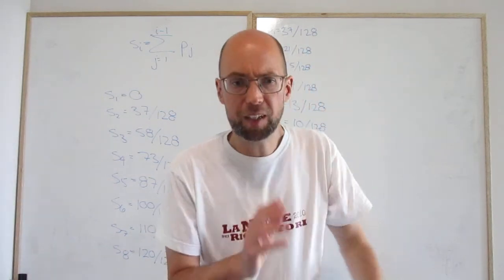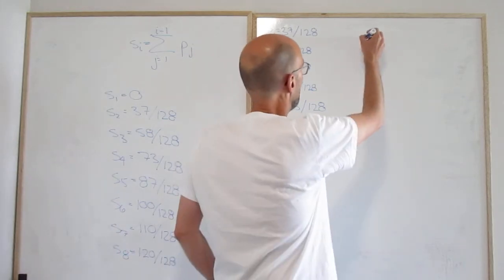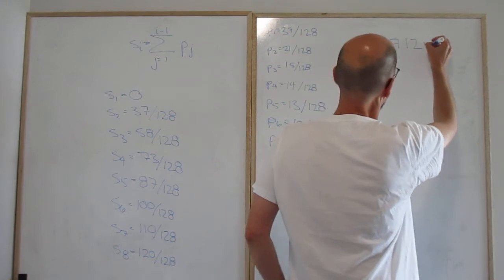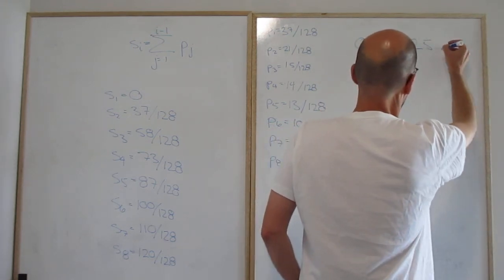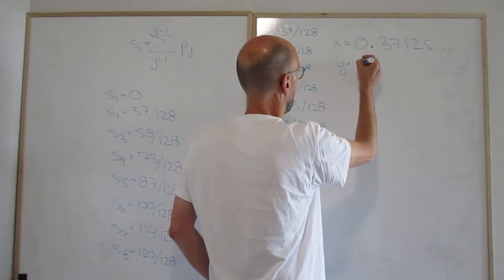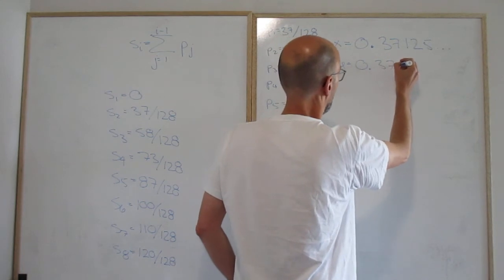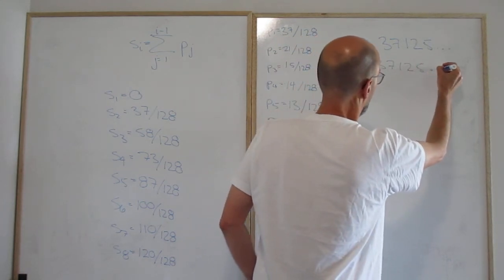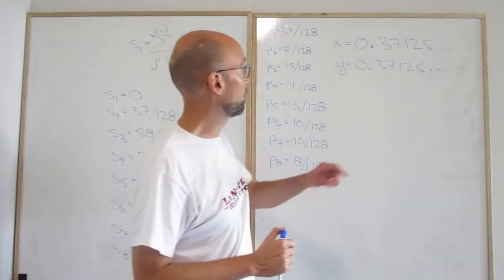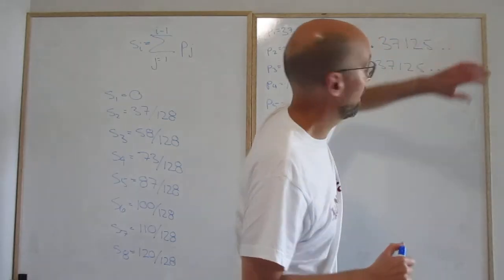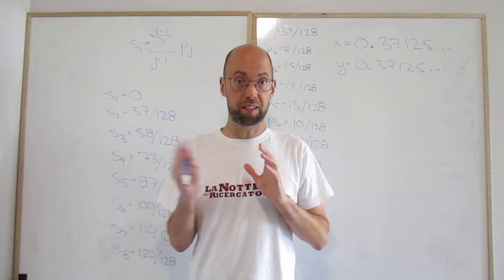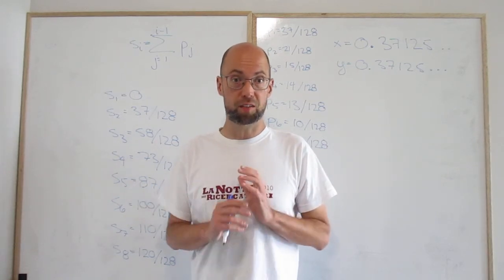Before we get into the binary stuff, imagine two numbers, 37125, something, something. So this is x, and this is y. I tell you that these two numbers agree on their first 5 digits to the right of the decimal point.